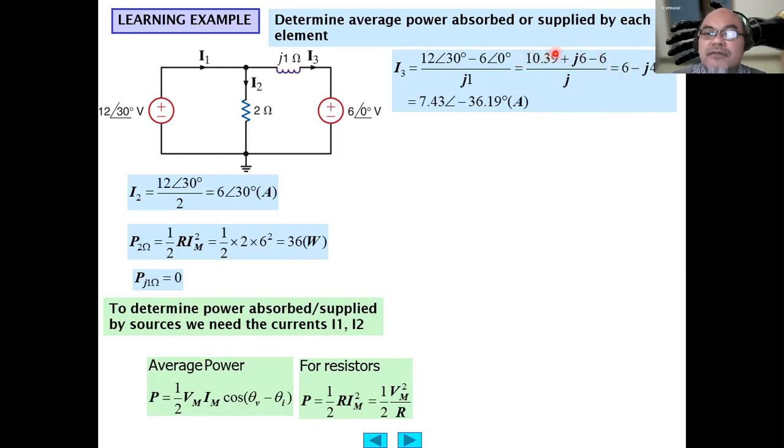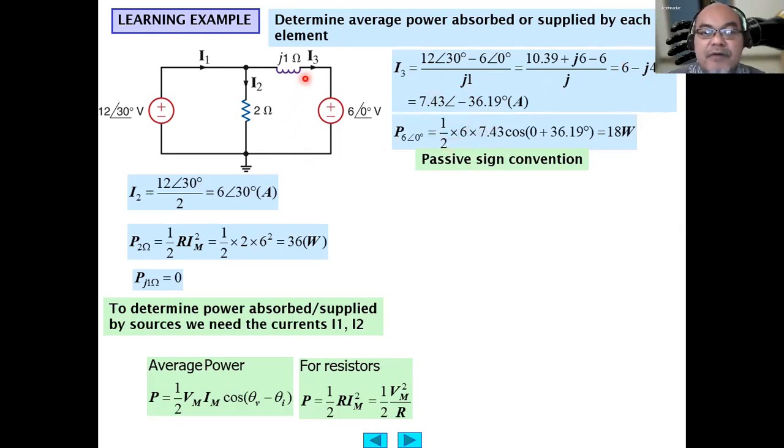Then 10.39 minus 6 is 4.39, divided by j equals minus j4.39. I hope you all already understand this from the complex mathematical tricks. From here we reconvert back into phasor format. It becomes 7.43 ampere with a phase angle of minus 36.90 degrees.